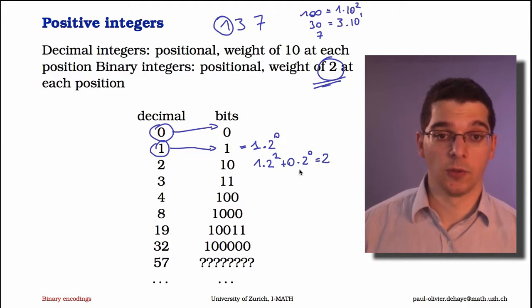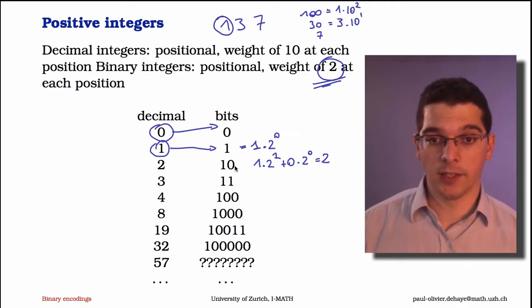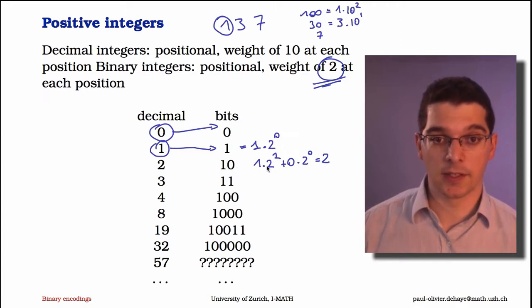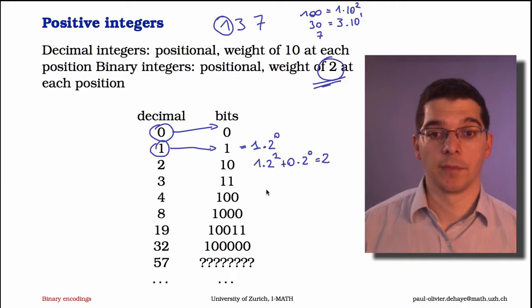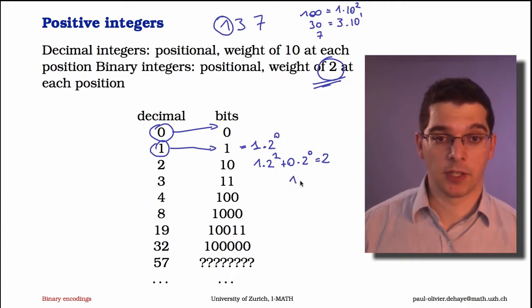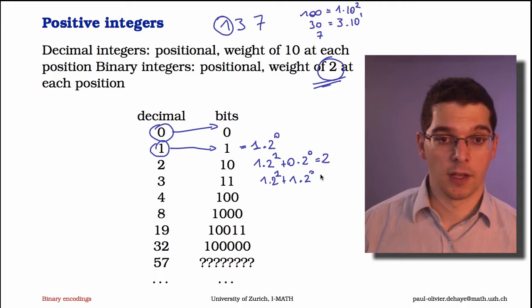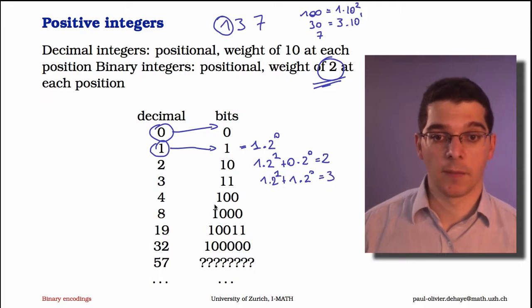This indeed equals 2. So it helps to write things from the right, to read this 0 first and then this 1 to be able to write in binary. So the 3 here corresponds to 1 1. And if I apply what I just said, I'll write it from the right first. It's 1 times 2 to the 0 plus 1 times 2 to the 1. And if you compute this, you indeed get 3.